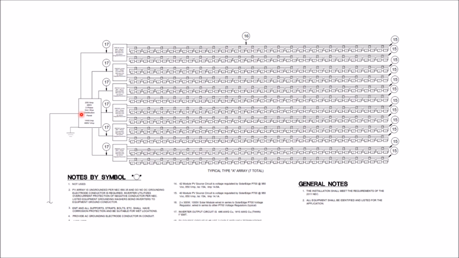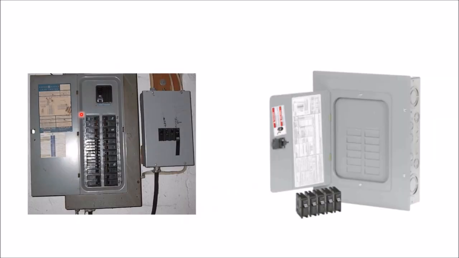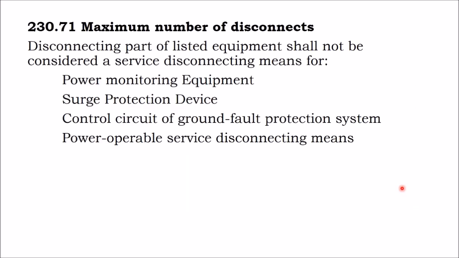It could just be a main lug only without a main breaker, since we only have 6 of them on each panel. If we had 7 on each panel, then we would need to have a main breaker. So this might be a distribution panel without a main. Here's a distribution panel with a main. I'm sure that surprised all of you.